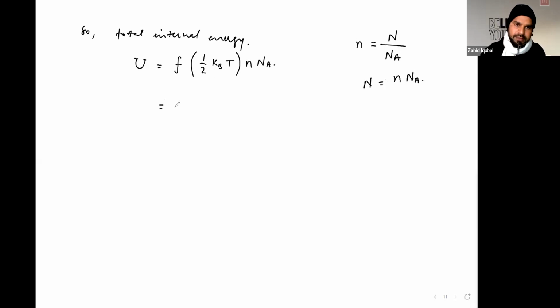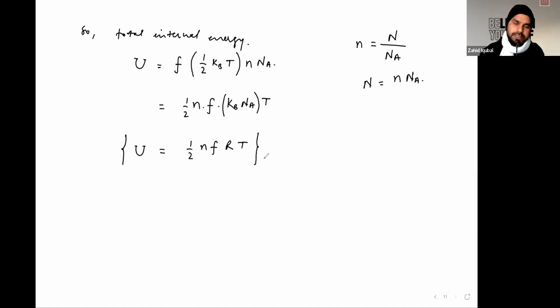If you simplify it, you will get half number of moles into F Kb into Na multiplied by T. This quantity is also called R, the universal gas constant. So it will become half nFRT equals U. This is the total internal energy for n moles of gas.